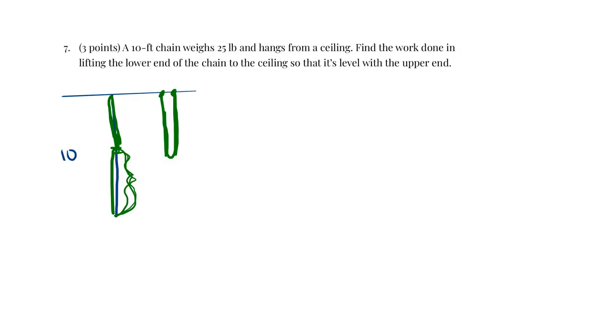You say, well, how much does this section of chain weigh? This section of chain weighs, well, it's half of 25, so it's 12.5 pounds. And it moved up 5 feet. And it turns out that that's enough if you want to do it that way. It might not be obvious that that's enough.